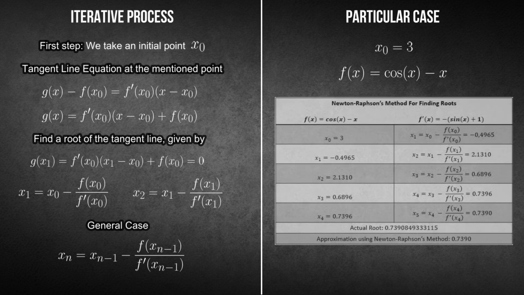And these are the values that we get. x0 equals 3, x1 equals -0.4965, x2 equals 2.1310, x3 equals 0.6896, x4 equals 0.7396, and x5 equals 0.7390, which is a great approximation of the root of the function.